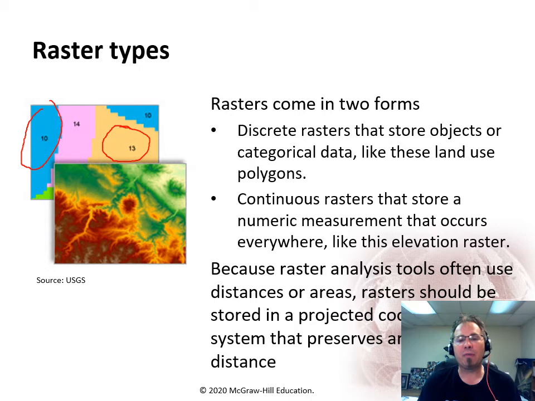So a lot of times you'll have significant digits out to hundredths or thousands, and each cell might be slightly different from its neighbor, and that's what makes it a continuous surface.